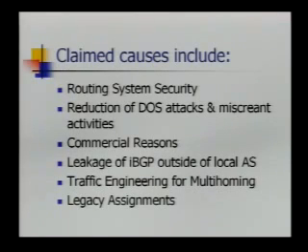And of course I get all the justifications, which include routing system security, reduction of DOS attacks and miscreant activities, commercial reasons, and leakage of IBGP outside the local AS, which some people seem to think is a wonderful idea. Oh yes, traffic engineering for multi-homing causes all the deaggregation we see today. Well, as Geoff has probably talked about many times before, it's not only just that. And legacy assignments are also our favorite blame topic.